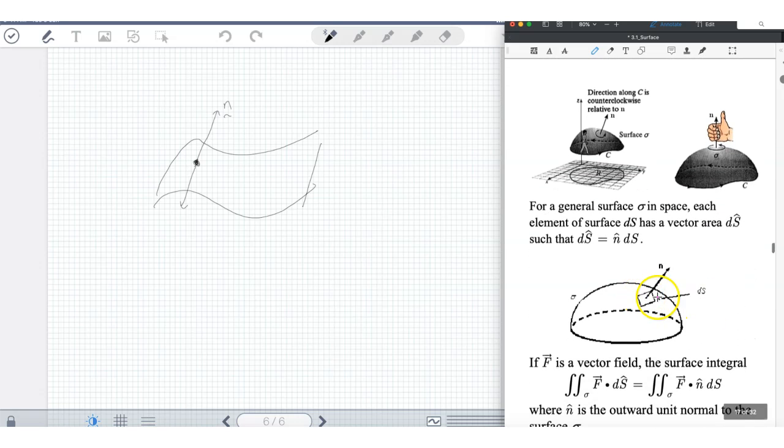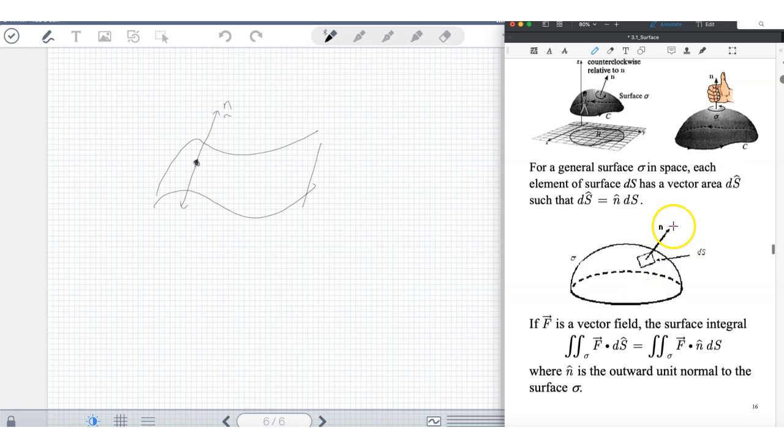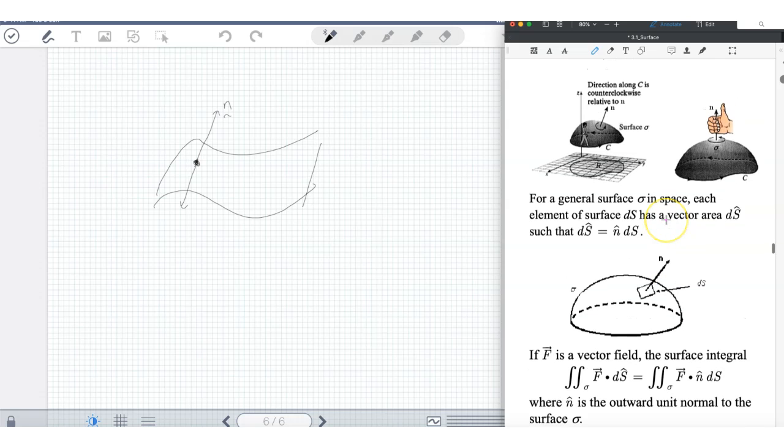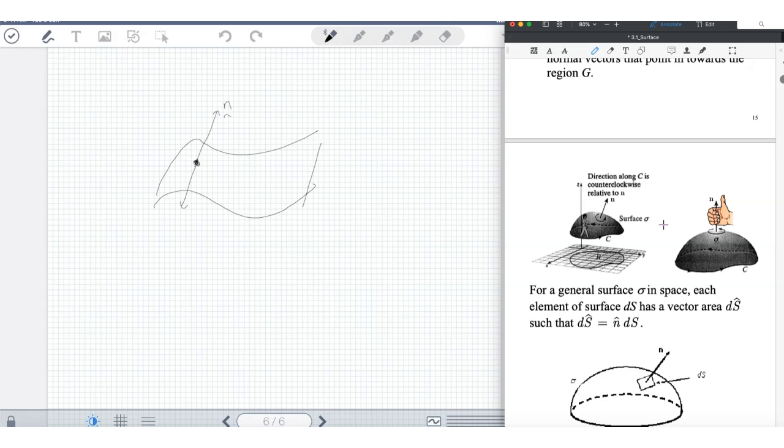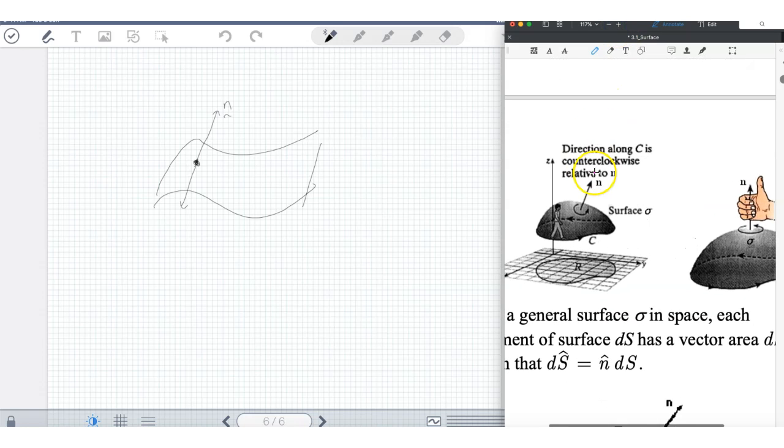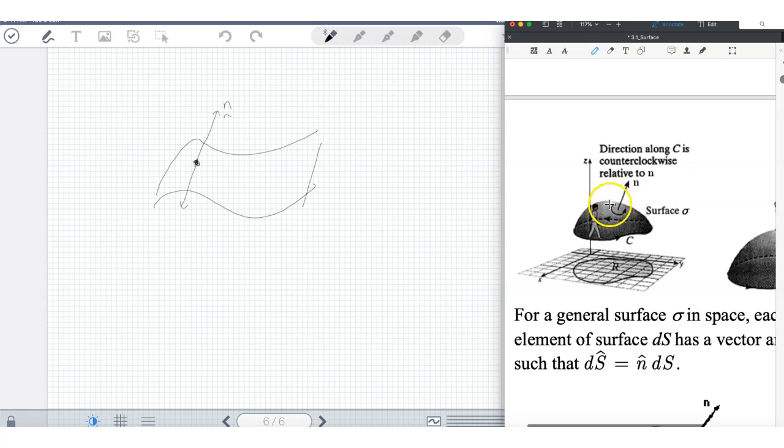This is the graphical diagram of the unit normal to the surface pointing outward, so it is positive. In general, let's say you are given a surface sigma. This is an open surface, right? The boundary of the open surface is given by the curve C. This has to do with the line integral.